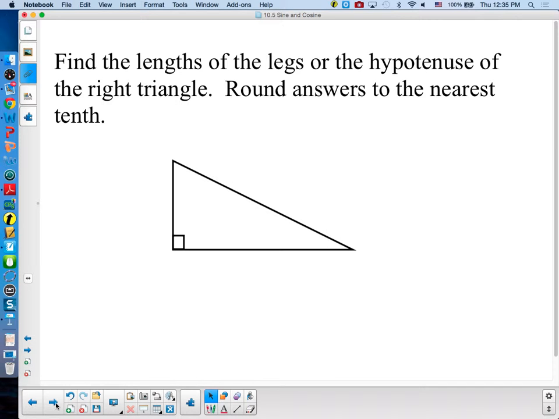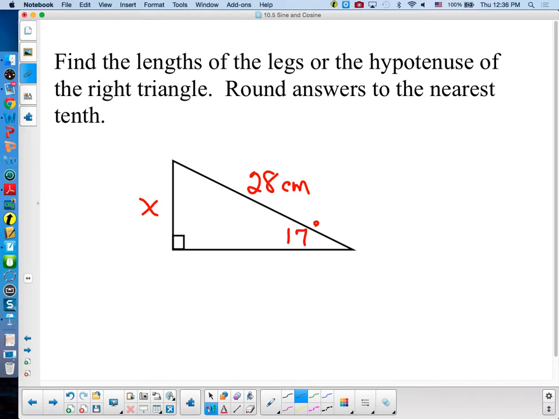Okay, so let's use sine and cosine, not just tangent, to find sides of the triangle. Let's set up, we're going to try and find this side. The hypotenuse is 28 centimeters. And let's go with this angle down here as being 17 degrees.